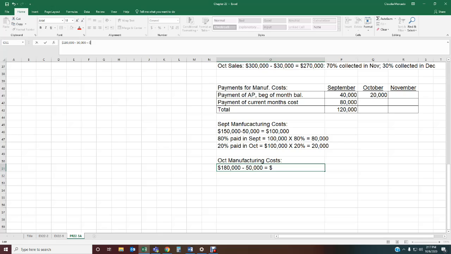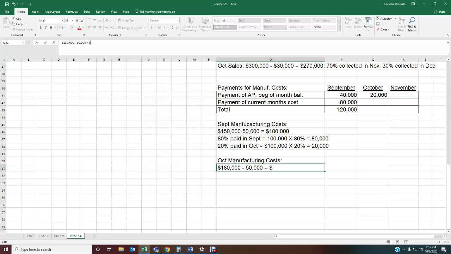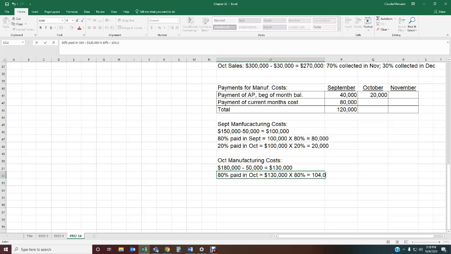So 180,000 minus 50,000 gives me $130,000 of manufacturing costs for October. Out of that 130,000, 80% are going to be paid in October, so 130,000 times 80% gives me $104,000.